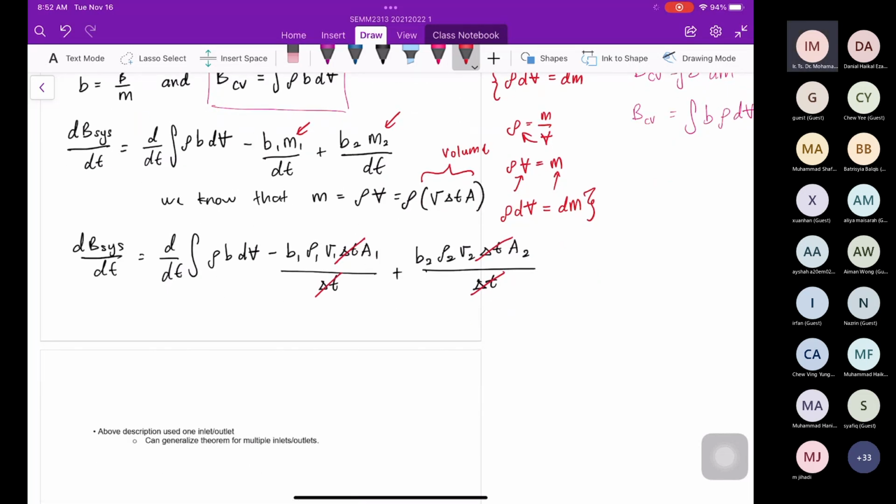So what I get here is basically d over dt integration of rho b dV, minus b1 rho 1 v1 A1 plus b2 rho 2 v2 A2.